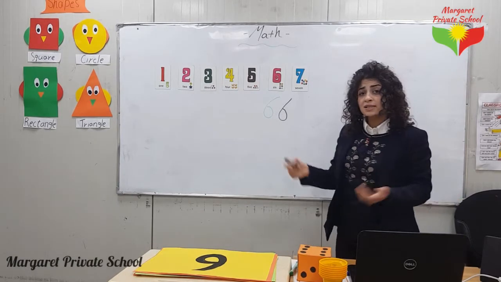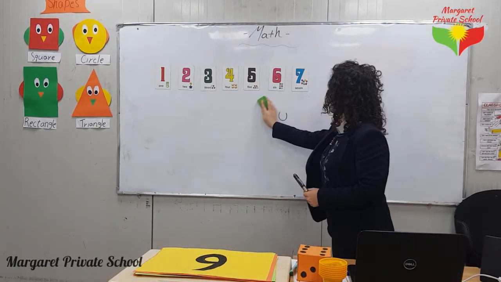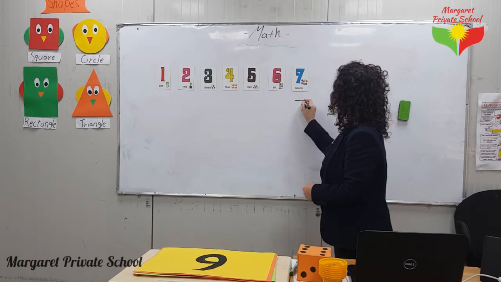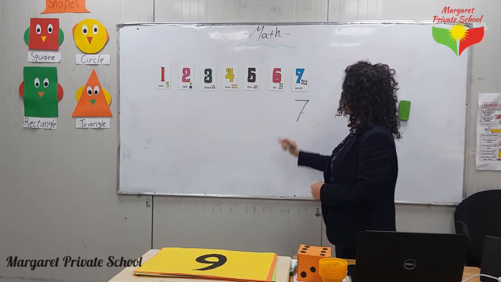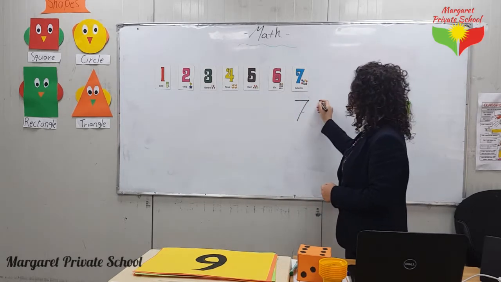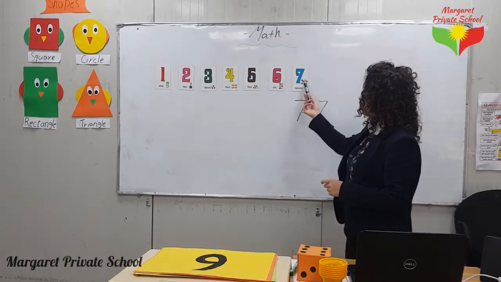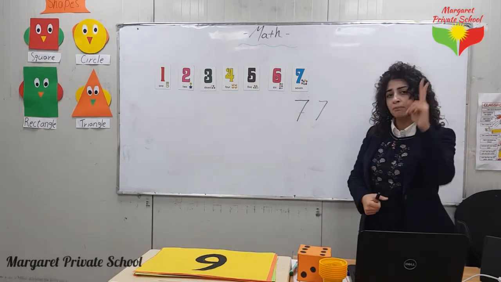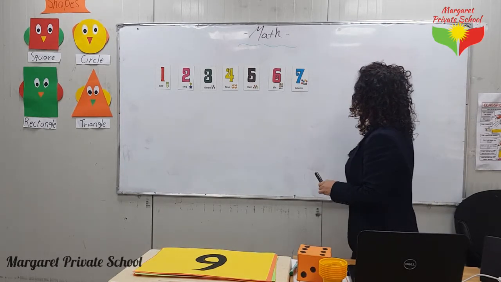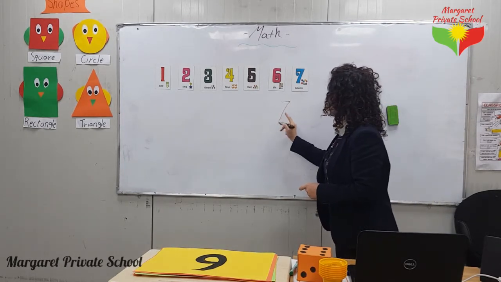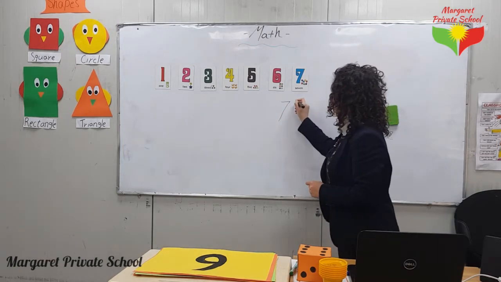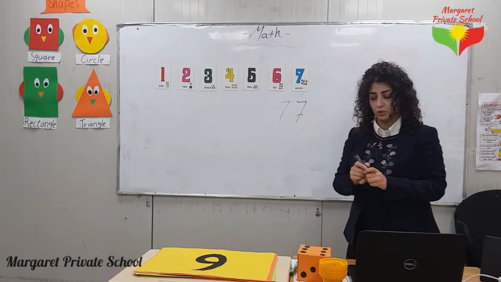How do we write number 7? Okay, this way. So, it is number 7 or number 7. So, we can write number 7 in two ways. One way, you can write it this way, and another way, you can write it this way.